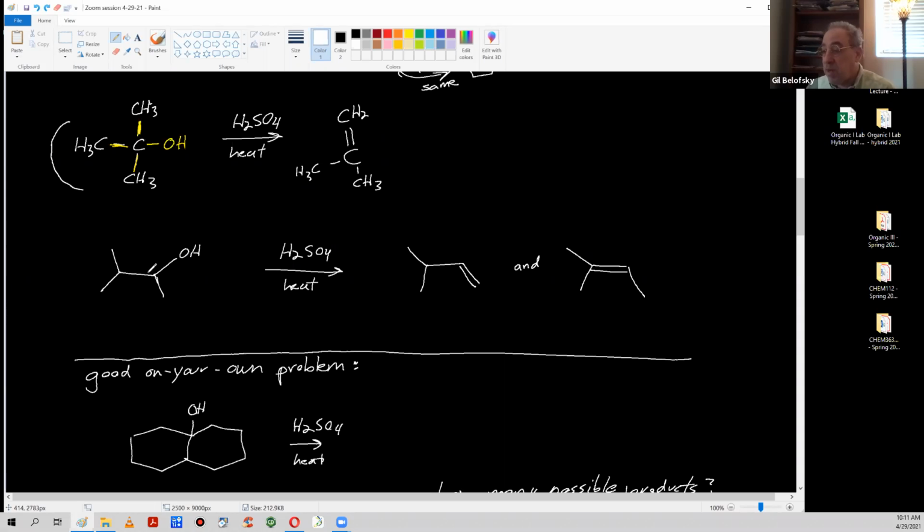Finally, this one's already drawn out, so the double bond could form along this carbon-carbon bond or along this carbon-carbon bond, and that's the 2 possibilities here and here. And the rule above says more substituted alkene is preferred. So I guess you could say major product and minor product.